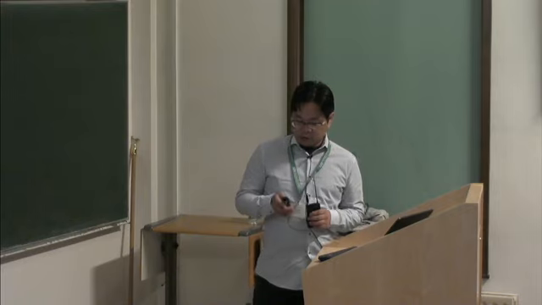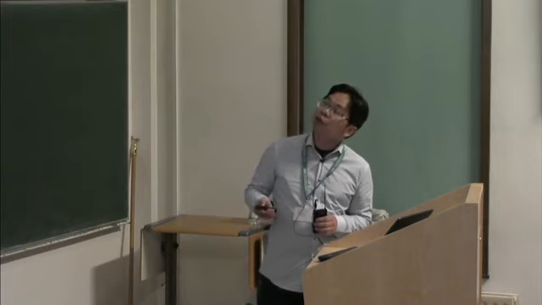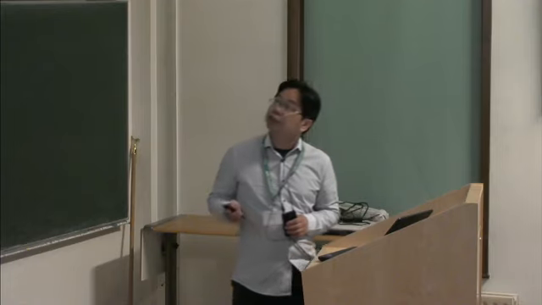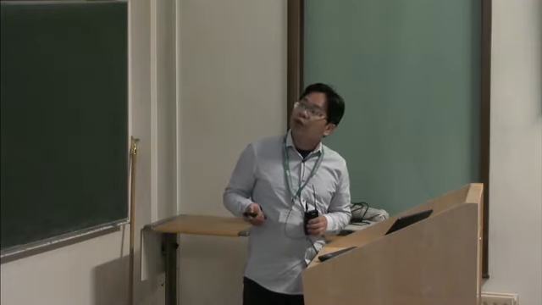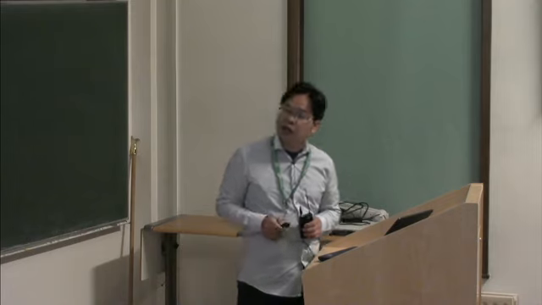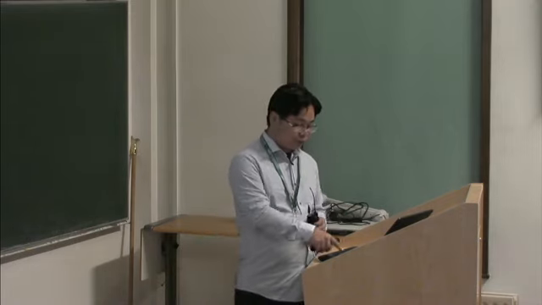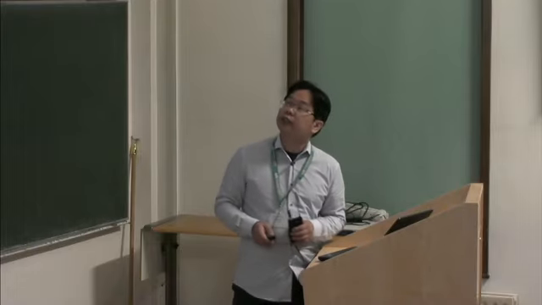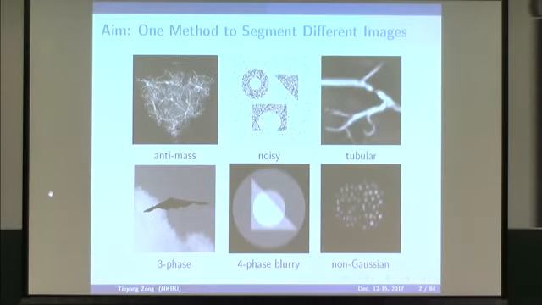Okay. So this is collaboration work with many people, including Professor Raymond Chen in Chinese University of Hong Kong, and also Mina in Kaohsiung. The target of image segmentation is very simple.